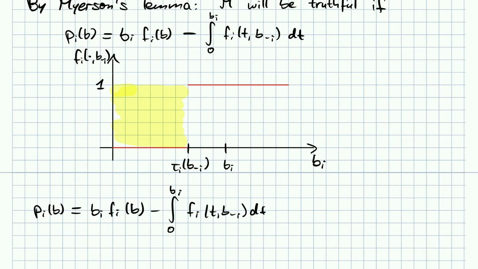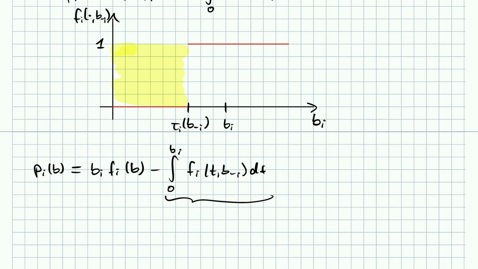How much will this be? This integral here will be exactly the integral from tau_i(b_-i) up to b_i of just 1. And this means all this together will be tau_i(b_-i). And this is of course only true if we have a winner. You are a winner if your bid is right of this tau_i(b_-i).